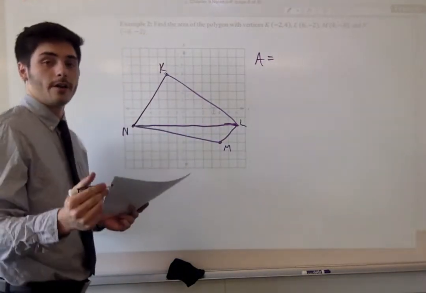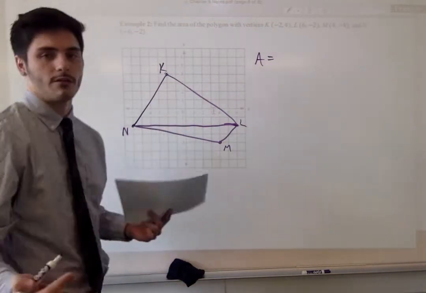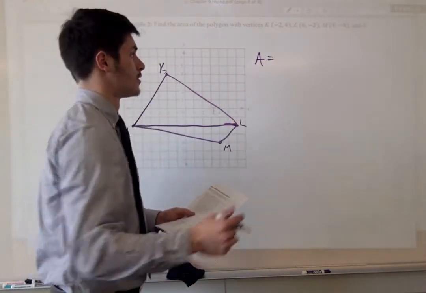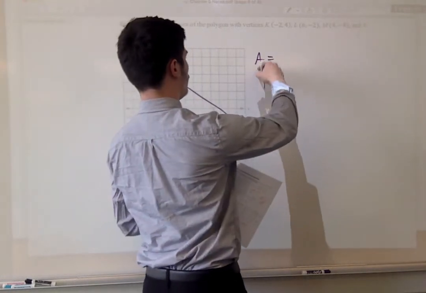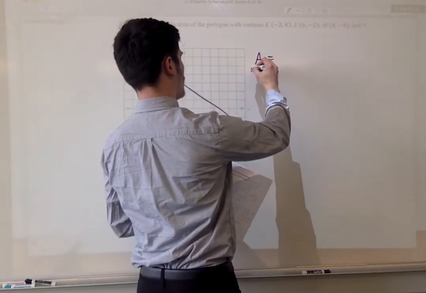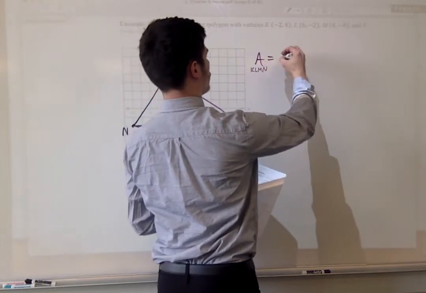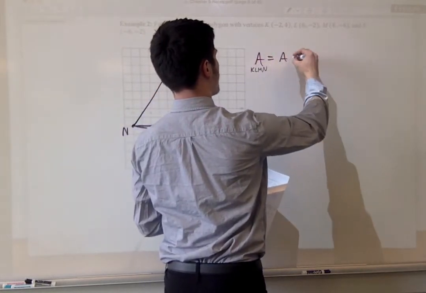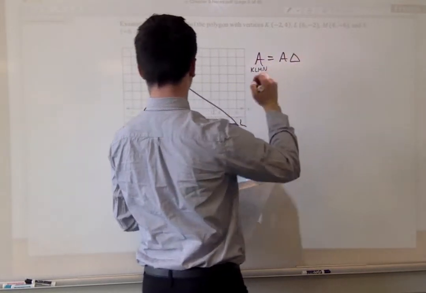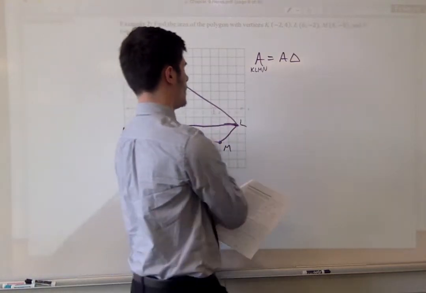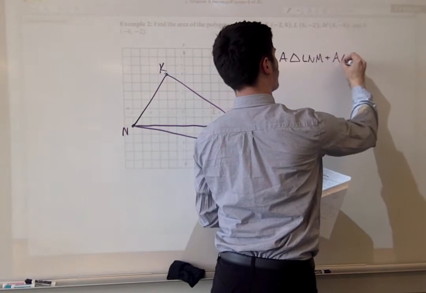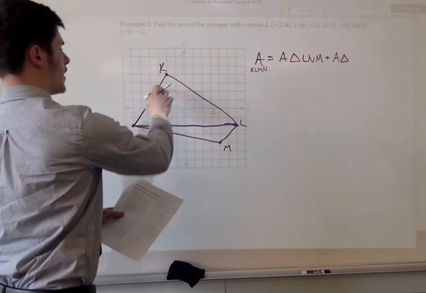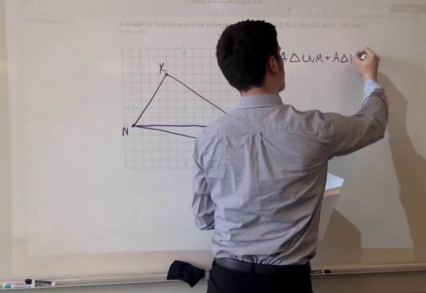And once we find the area of these 2 different triangles, we know that we have the area of the whole thing. So up here I'm going to write area of KLMN equals the area of triangle LNM plus the area of triangle KNL.